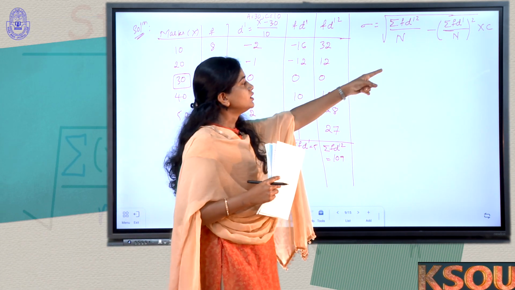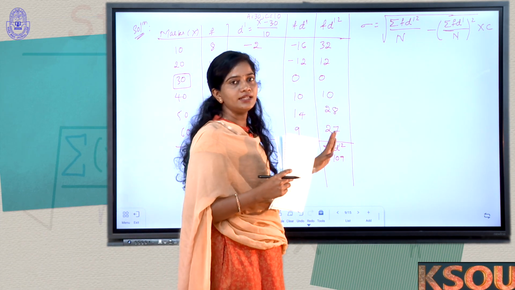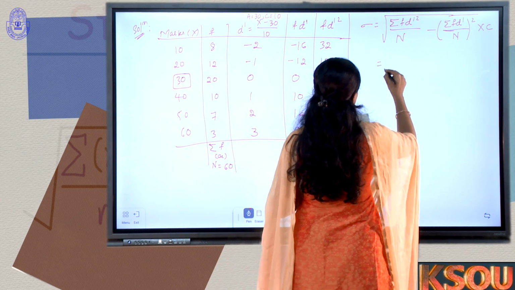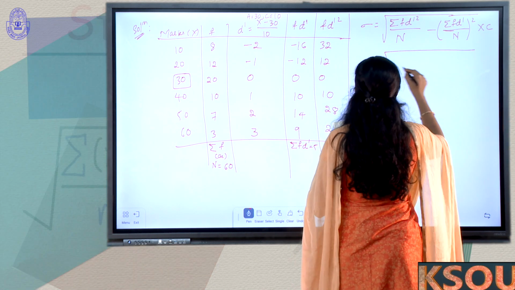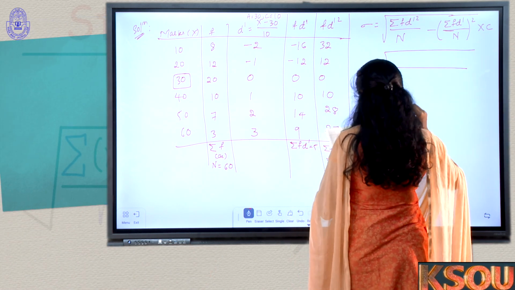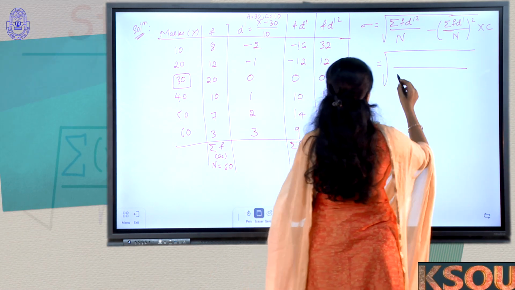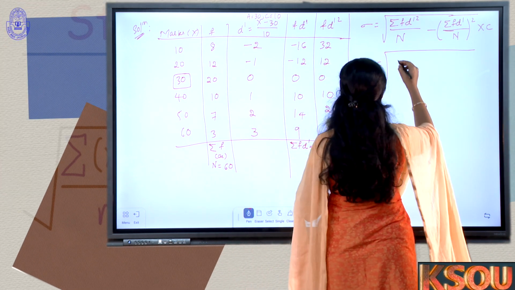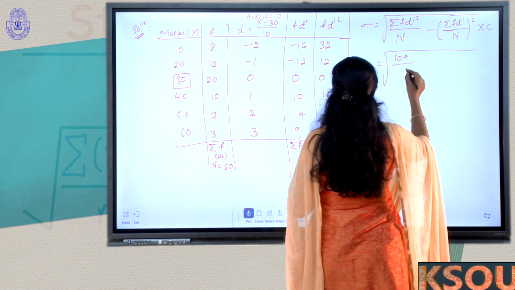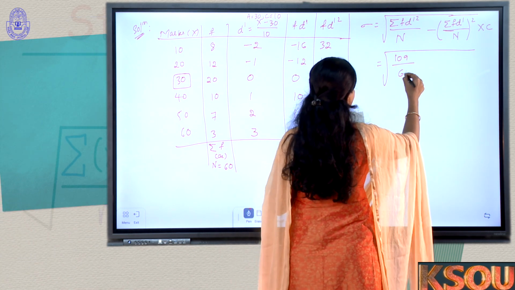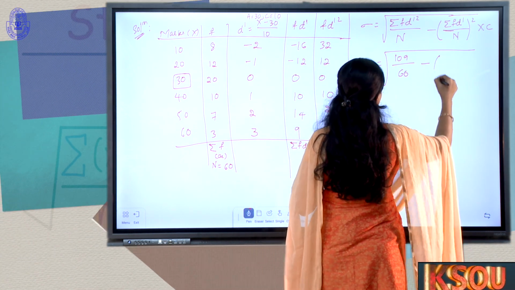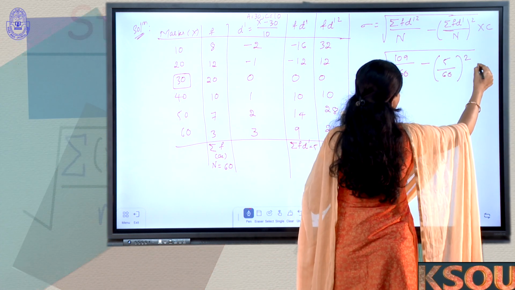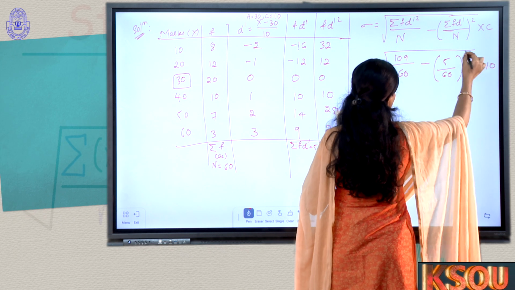As I told you, you will have to take C is equal to 10 here. So 109 by 60 minus 5 by 60 whole square. You will have to take this 10 out of this square root.